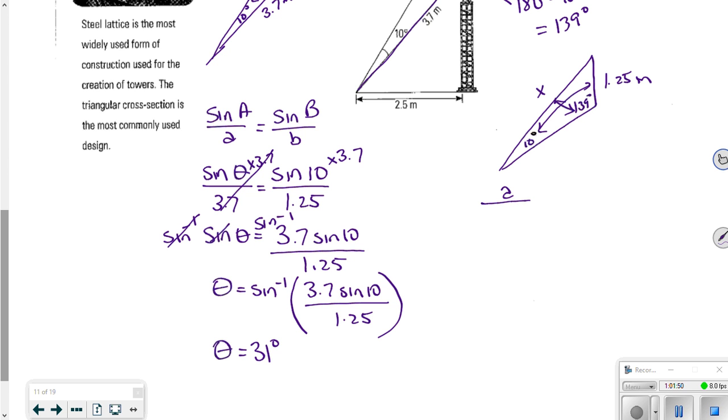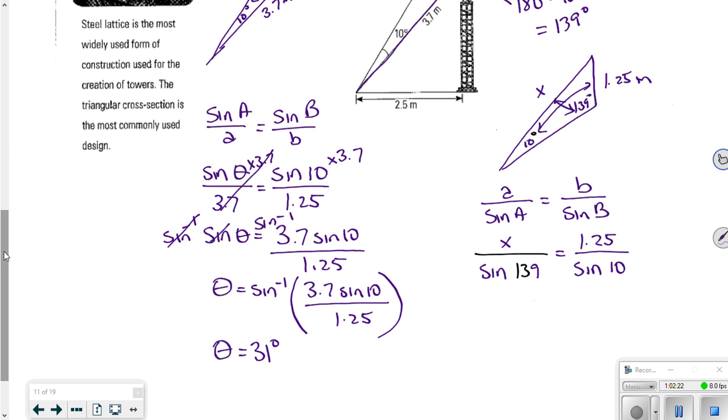So a over sine A equals b over sine B. The side I'm solving for is called x in the one I drew, divided by sine of the angle directly across from it, so 139. Side B is the side that I know the pieces of, so the 1.25, divided by this angle that's directly across from it, which is the sine of 10.